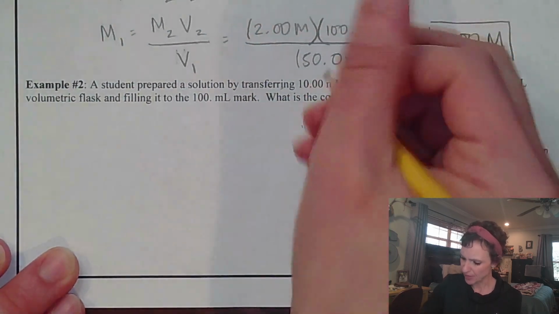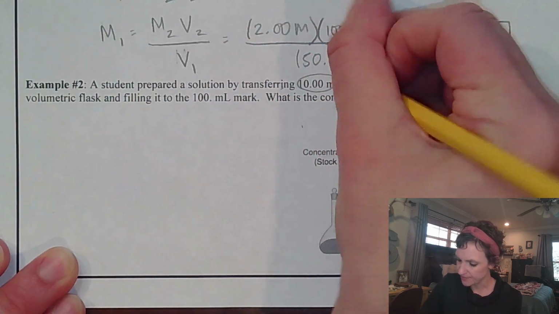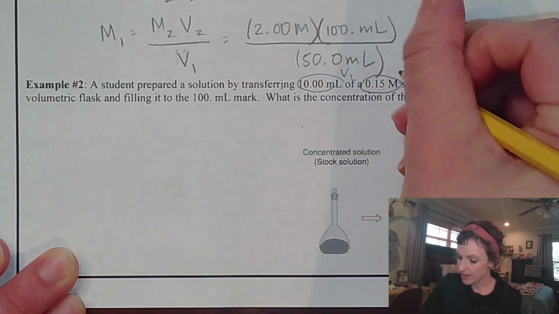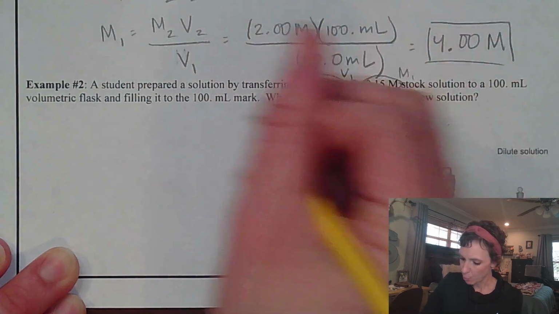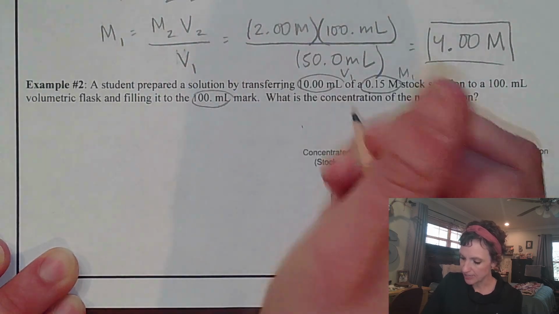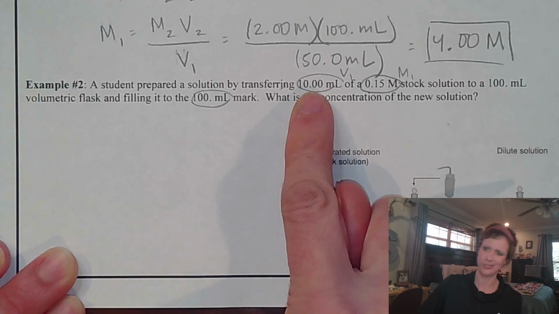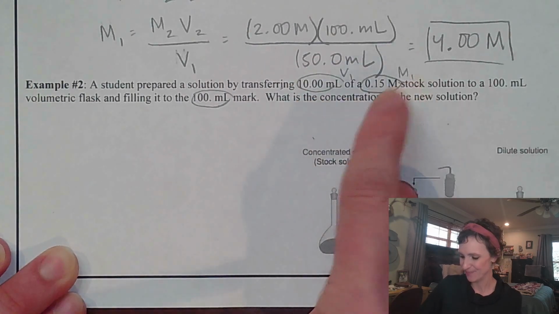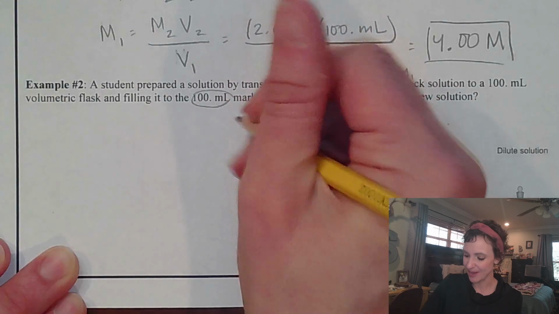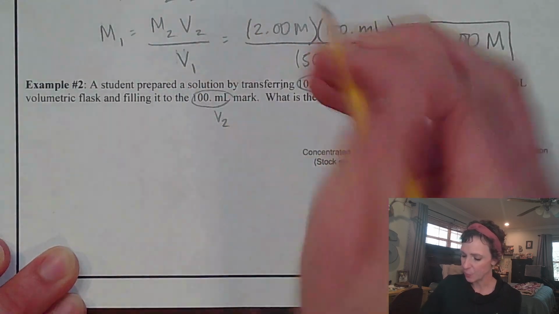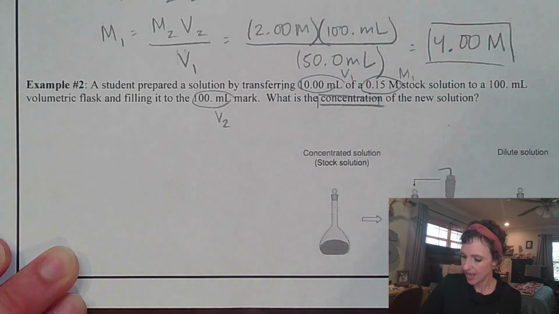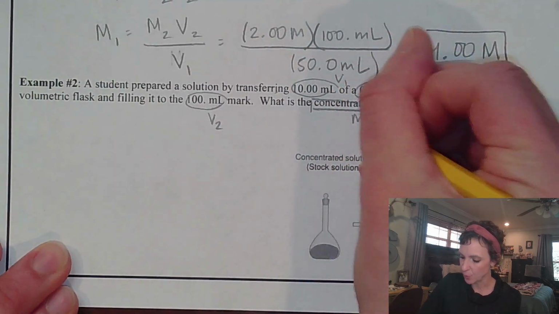Okay, so 0.15 molar was my M1, and 10 milliliters is my V1. That's my M1. This is my V2, right? And then what is the concentration of the new solution? So I'm solving for M2.